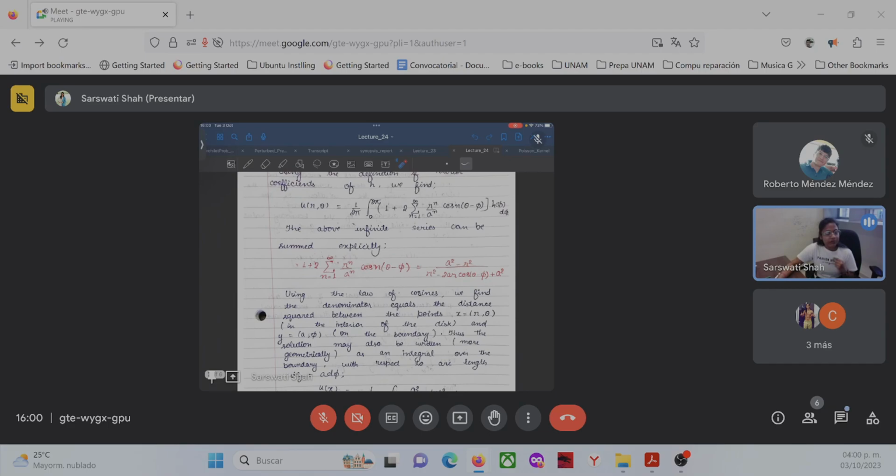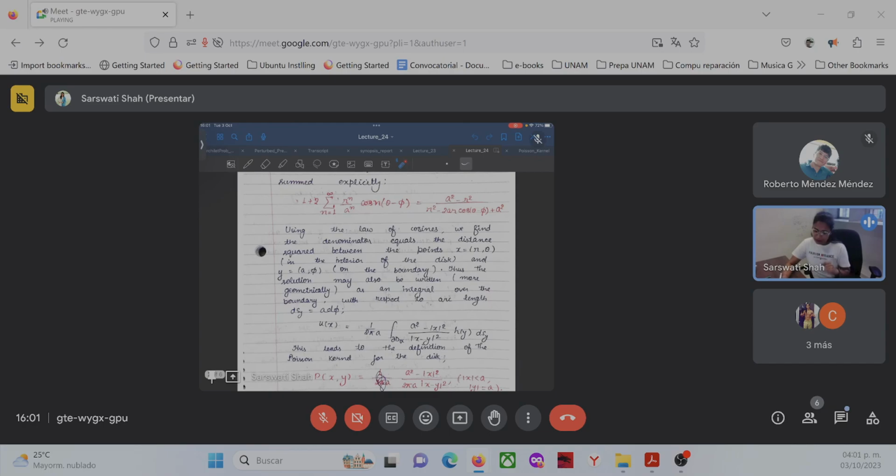Now, using some simplification and trigonometric identities, we arrive at this solution, which is free from the summation. So this is a closed form unique solution of the Laplacian problem, the Dirichlet problem inside the disk. Now here the things may change.